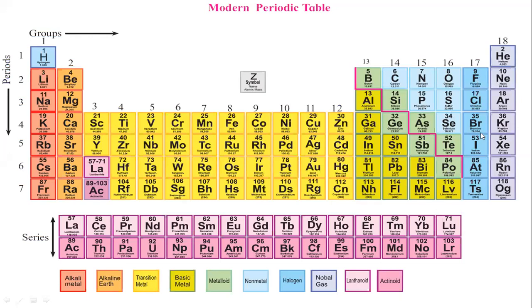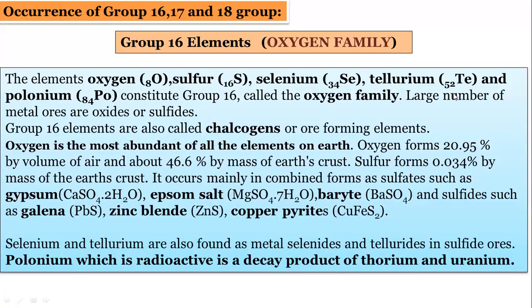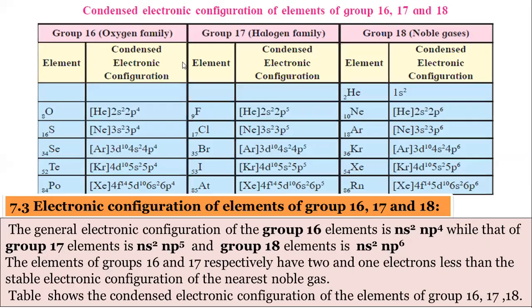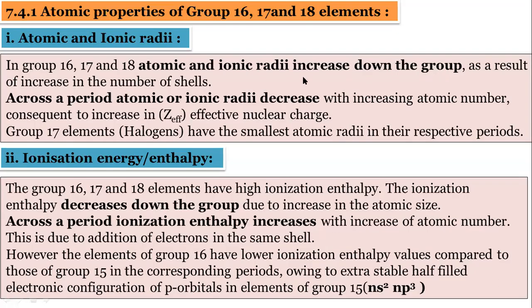In the halogen family also, atomic size and ionic size increase from top to bottom, that is fluorine to astatine. In this group, oxygen to polonium. In this group, helium to radon. Atomic size increases as atomic number increases. Remember. So again, I am coming back here: atomic and ionic radii increase down the group.